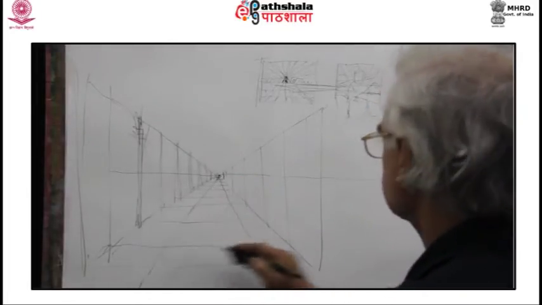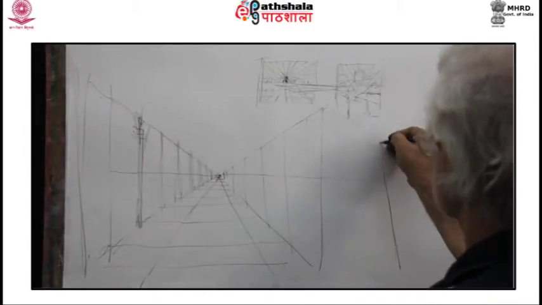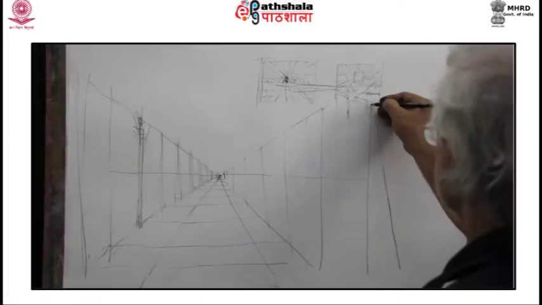One can imagine how, when one looks at the track from a stationary position and at a distance, it appears to be meeting at a point.